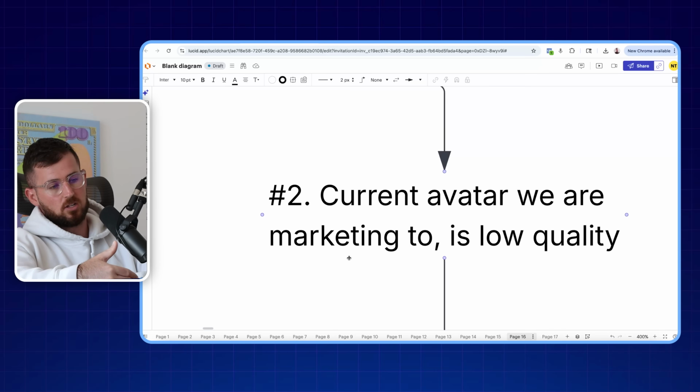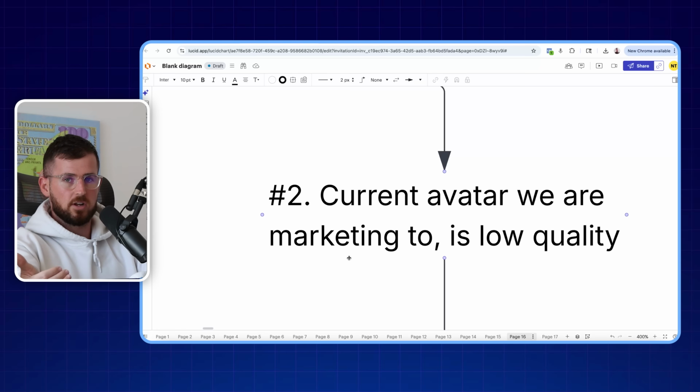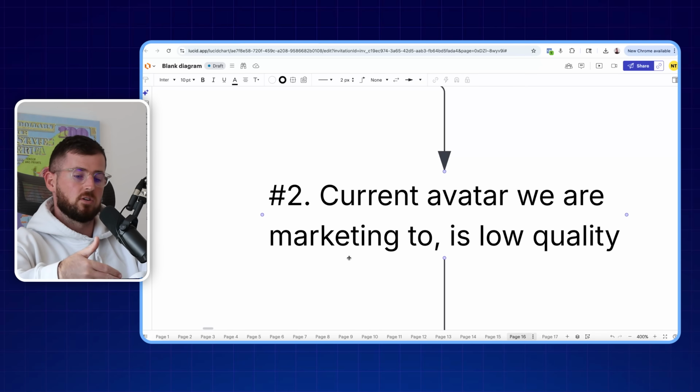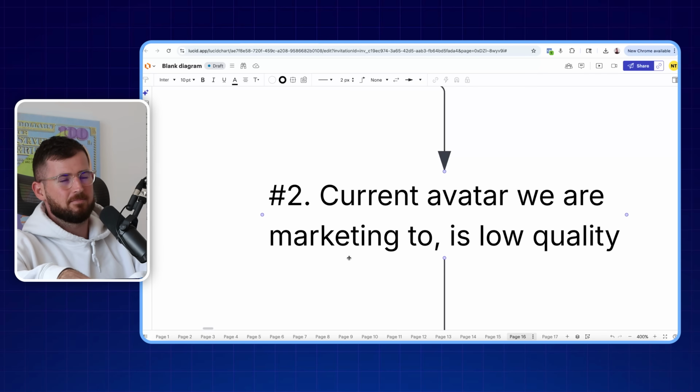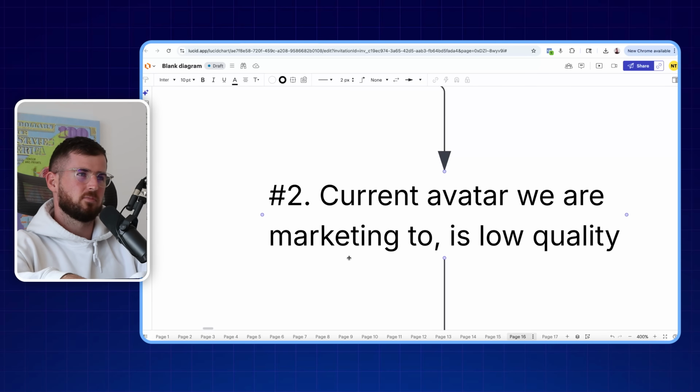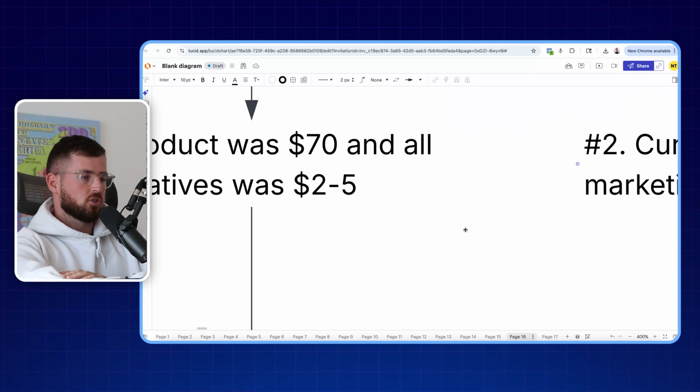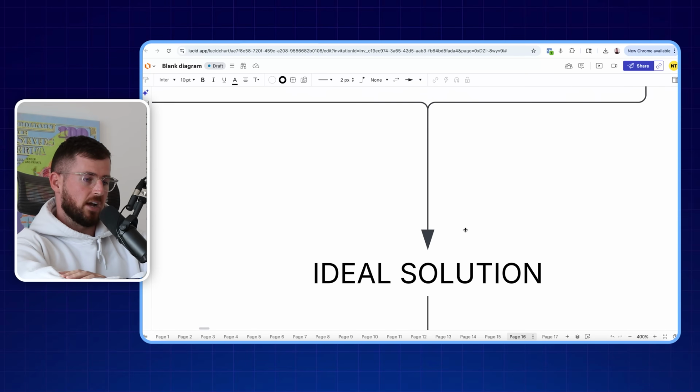It was just attracting a low quality audience of horny guys who want to get laid, and that was the only reason why they were buying the products. They're not a good long-term customer. And the buying motive is, I don't really want to say superficial, but it's there, don't get me wrong, but it's not a strong buyer motive. So those are the two problems that we know we need to address.